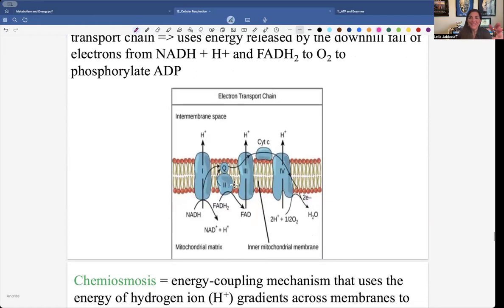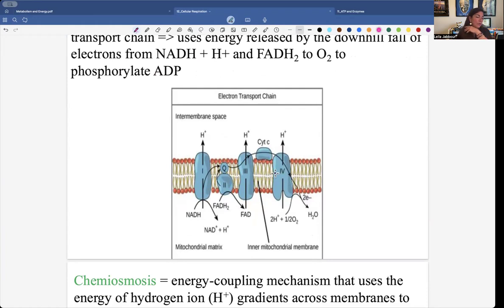So here's the electron transport chain. It's a series of membrane proteins. Here they are, 1, 2, 3, 4. It's a complex of 4.